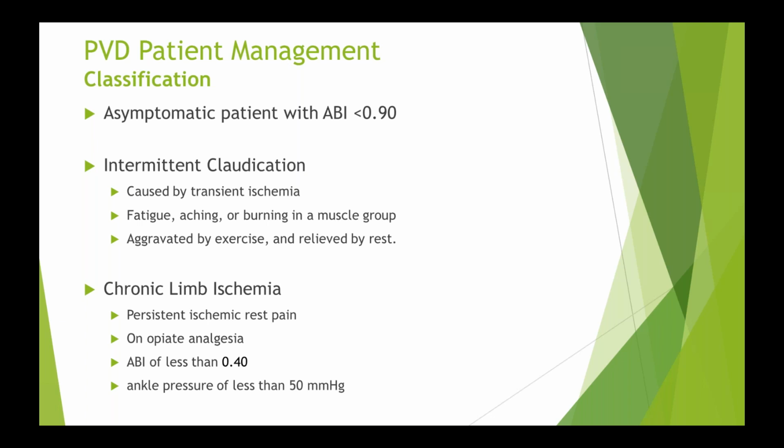Factors that increase the likelihood of progression are the risk factors, especially smoking and diabetes. We describe claudication as fatigue, aching, or burning in a muscle group that is caused by transient ischemia, and usually it is exacerbated by exercise and relieved by rest.